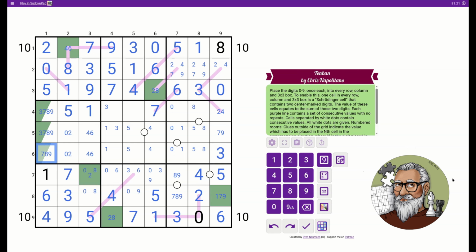Not 3. Not 3. What can we still have here, though? This is from 0, 1, 2, 4, isn't it? We definitely need something from 7 or 9 here, right? So that's 7, 8, 9 spoken for.